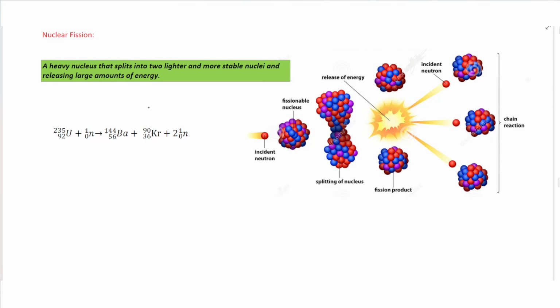In this process, the total mass of the products of the reaction is actually less than the original mass of the reactants themselves. That means the mass decreases, so there is a defect in mass, and this mass is converted into the kinetic energy of the released particles. This is what causes the heating effect.